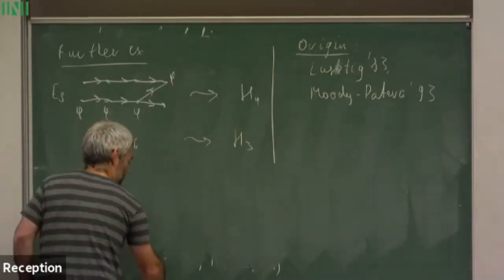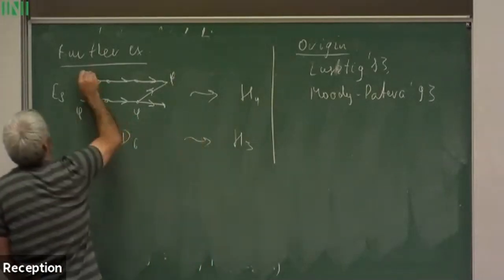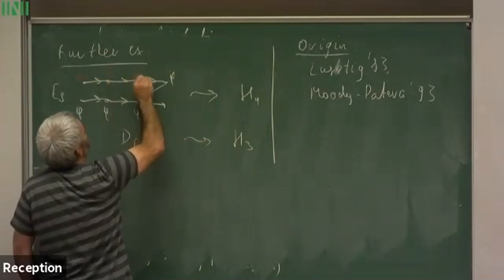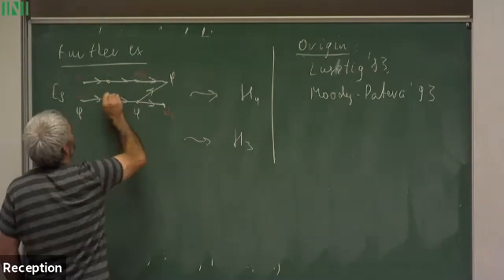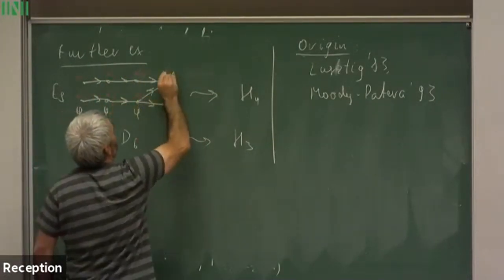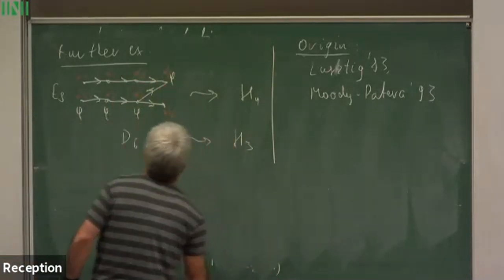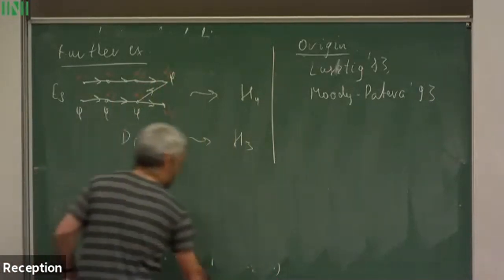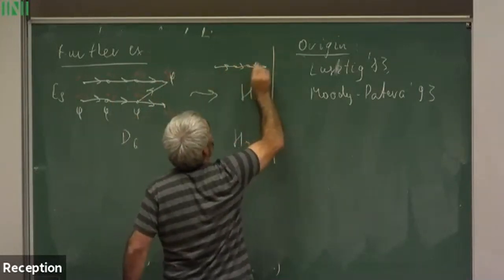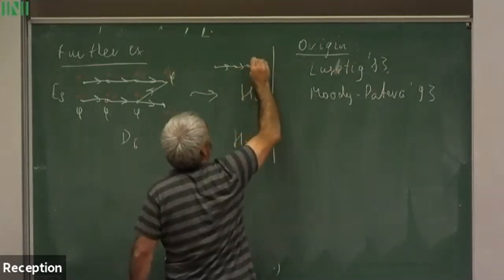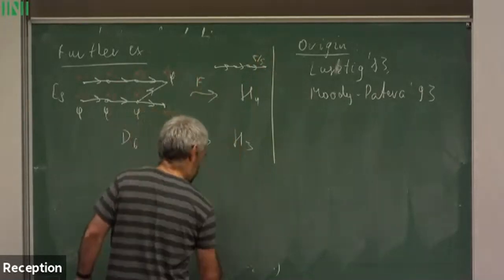So the projection works in the following way. If I take alpha 1, alpha 2, alpha 3, alpha 4, through alpha 8, these are simple roots. And I have a map f.